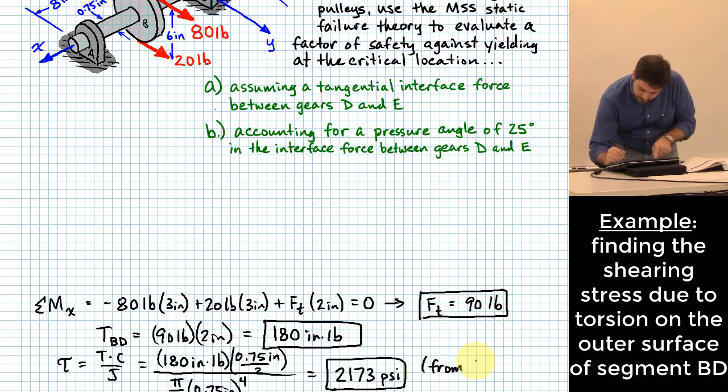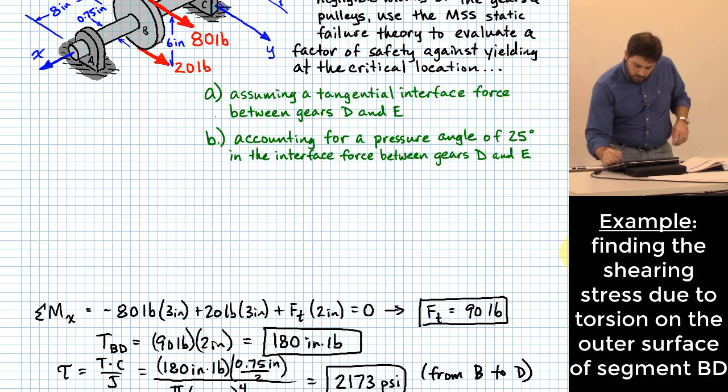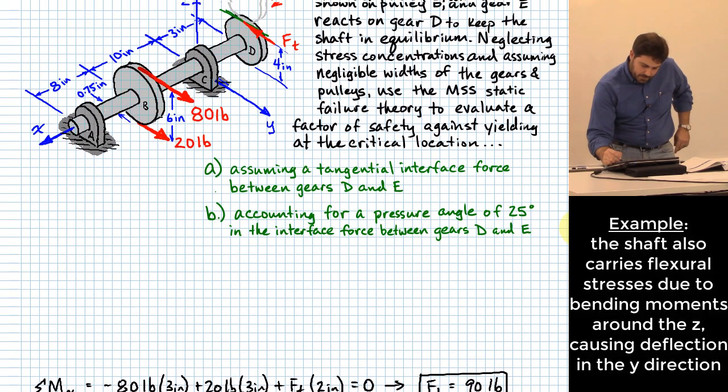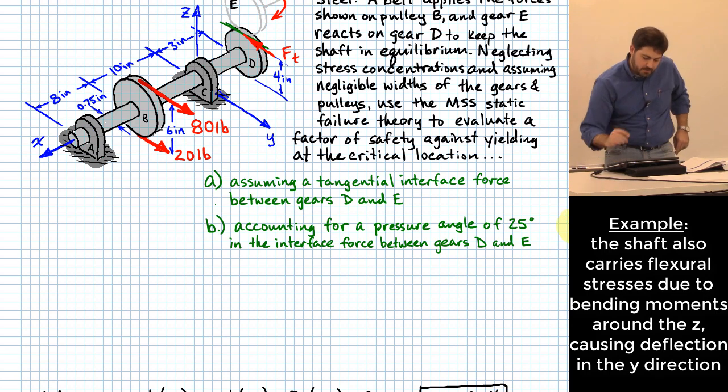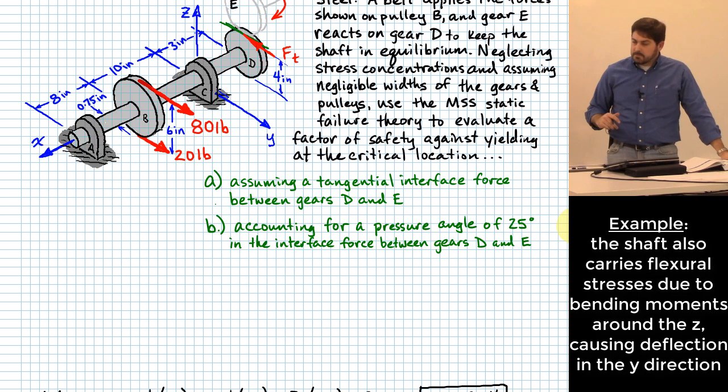From B to D. Okay. But what else might induce stresses in this shaft? Like what other effect is going on? Okay. Think of it this way. Is that shaft also acting like a beam?